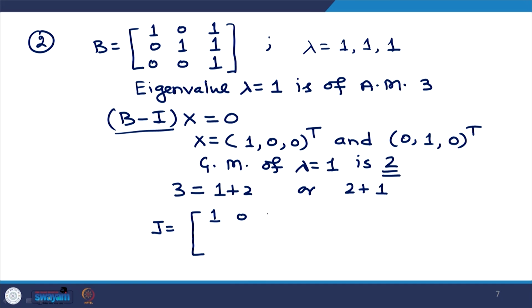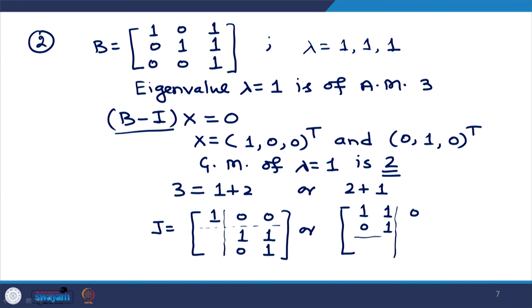So, 1 0 0, this is a block of size 1, and then 1 1, 0 1, or first this Jordan block of size 2, 1 1, 0 1, and then a Jordan block of size 1. So, this is a Jordan canonical form of B.